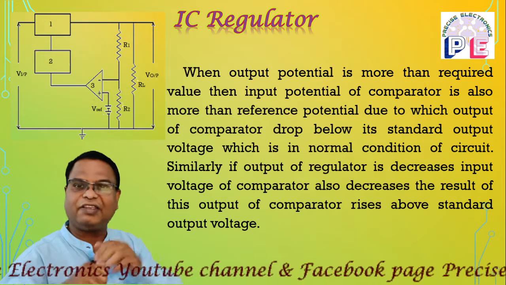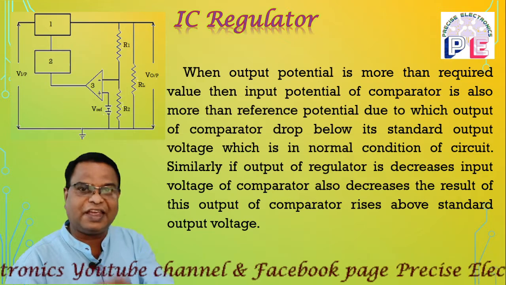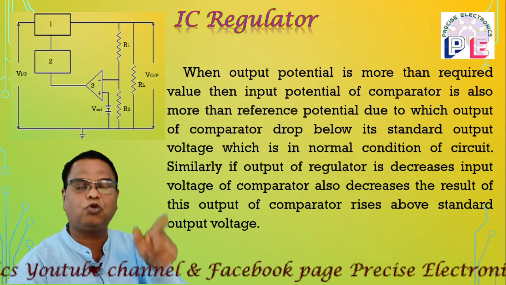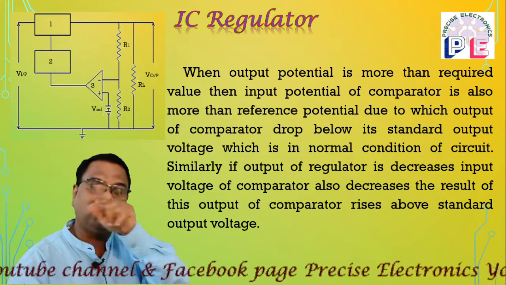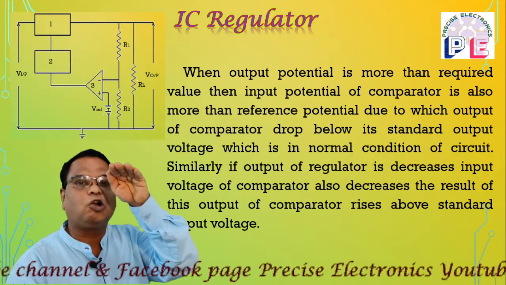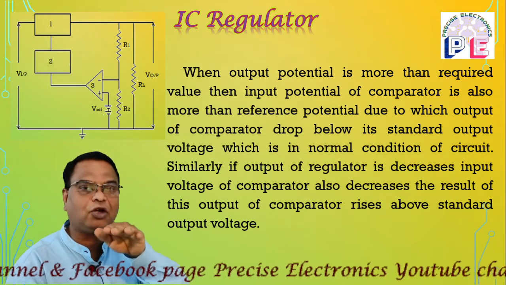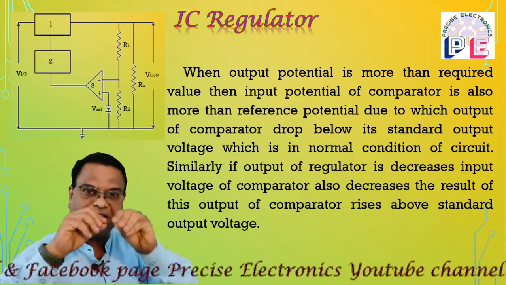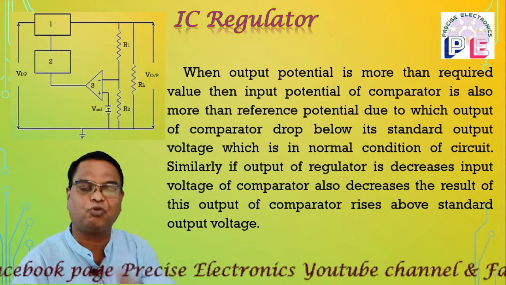As IB decreases, IC also decreases, and IC is nothing but IL. Therefore, the load current decreases, due to which the output voltage also starts to decrease and tries to reach its standard value, which in our case we considered as 12 volt.